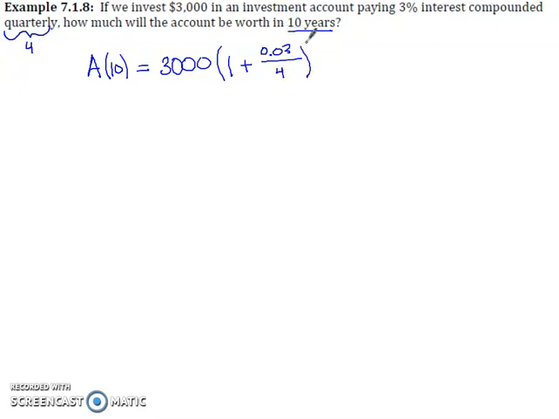I will be raising that to 4, my n, multiplied by 10, my time. Simplifying, I find that the amount in my account after 10 years is $4,045 and approximately 5 cents.